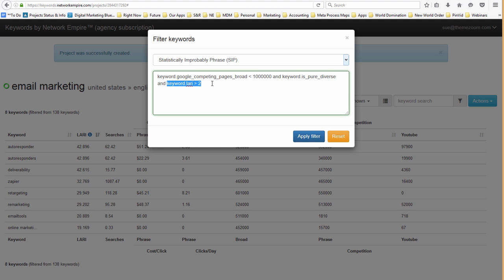So it's kind of an interesting filter because it's willing to go all the way down to a very low thematic relevance, but it's also looking for keywords that have a very small usage. So with all of that put together, you get some reasonable keywords out of it.